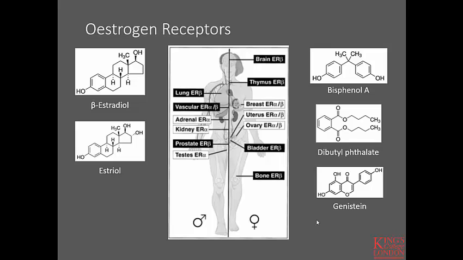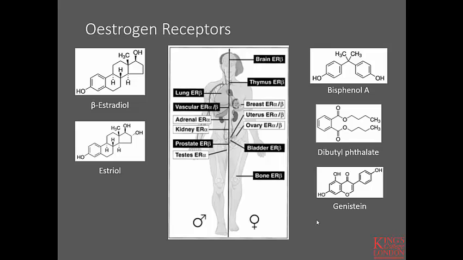We have these estrogen receptors everywhere in our brains, thymus, breast, vascular tissue, prostate tissue, in our bones, ovaries, uterus, as well as our bladders. So these receptors respond to hormones that are produced endogenously in our body, and these include things like beta estradiol or estriol.